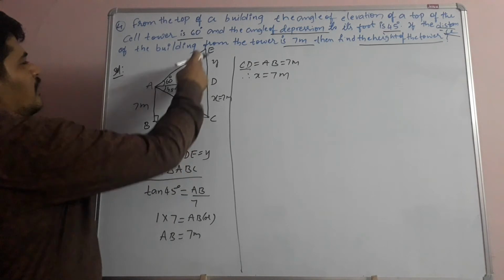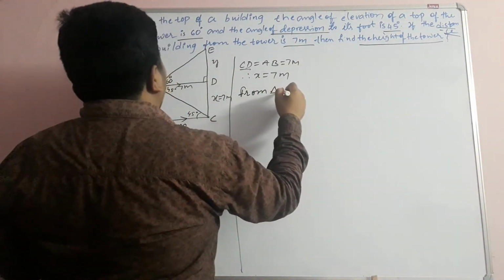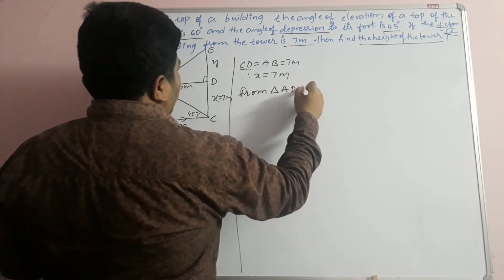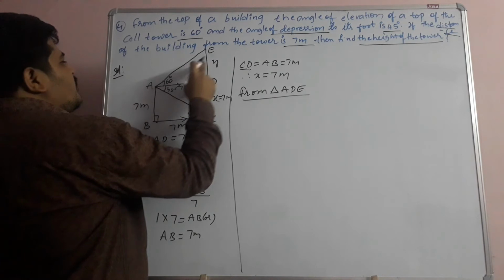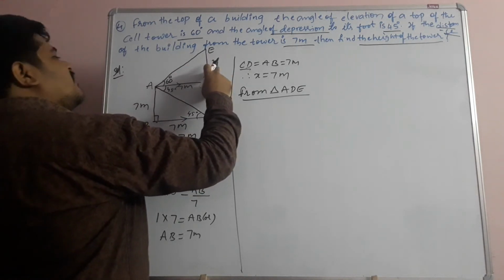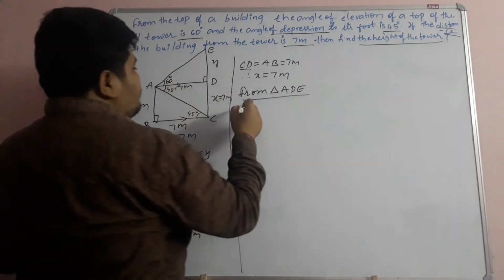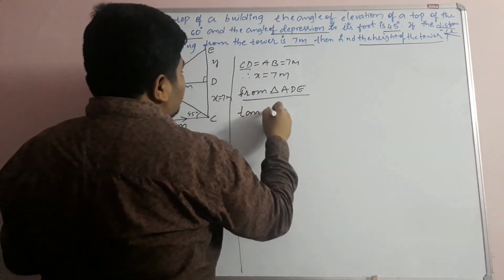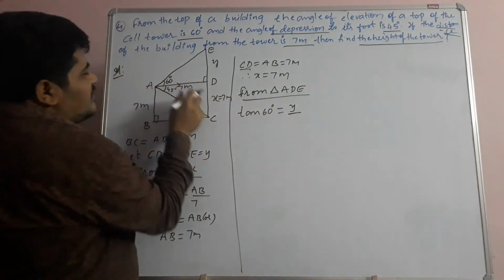Now I am taking triangle ADE. From triangle ADE, with respect to 60 degrees, you have the opposite side as Y and the adjacent side is 7 meters. That's given in the problem. So tan 60 degrees is equal to the opposite side Y by its adjacent side 7.